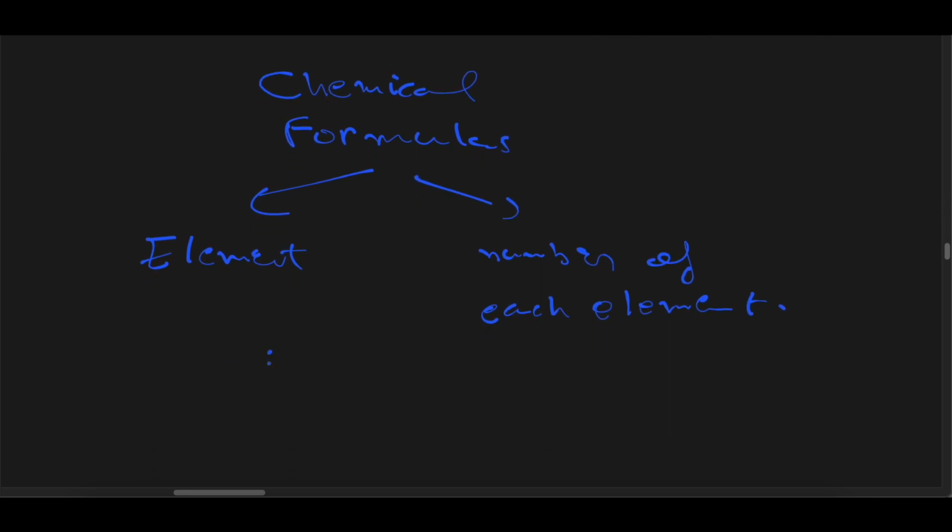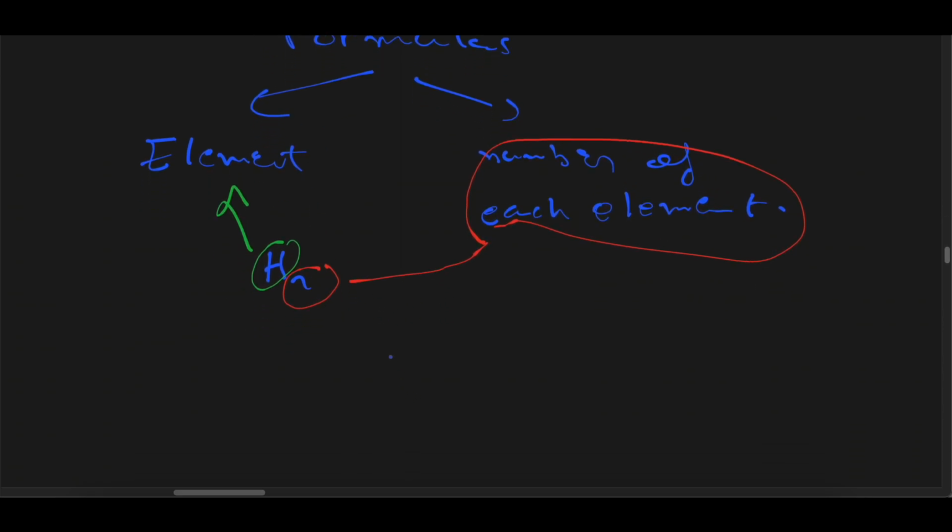Like when we say hydrogen, here we have hydrogen, it is the element, and the numerical subscript shows how many atoms we have in this molecule. Or water, H2O, here we have the chemical symbols H and O that show the elements, and here we have 2 in order to show the number of that element in this molecule.